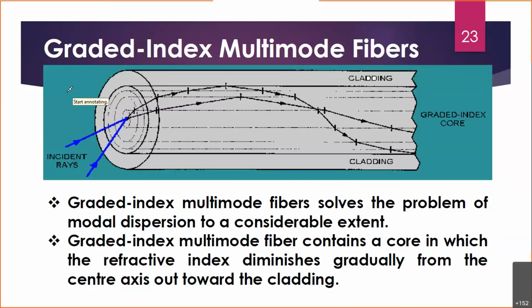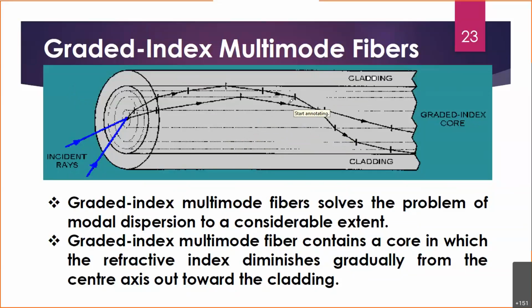The central layer in the core diameter has to have a very high refractive index, and the subsequent layers have to have slightly less refractive index compared to the earlier one, and slowly you move towards the cladding side. As the diagram shows, there are many layers, the dotted lines you can see. These represent layers.